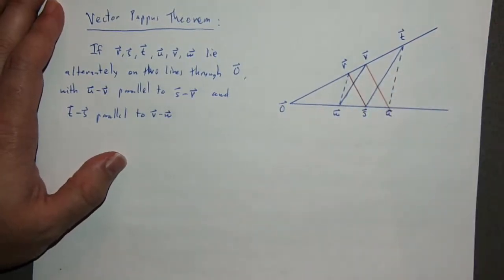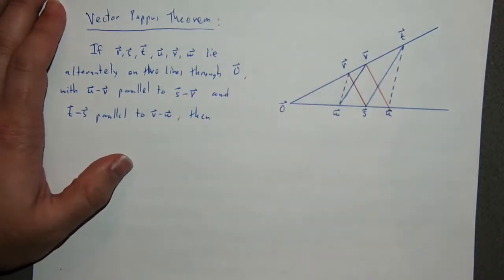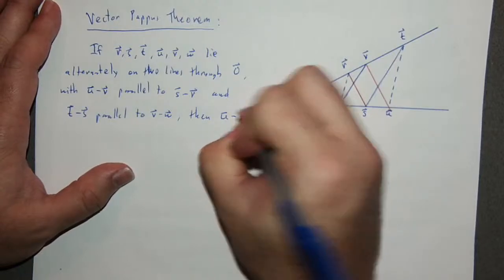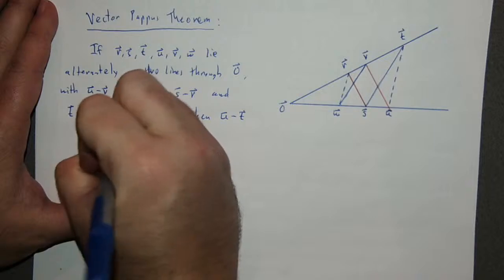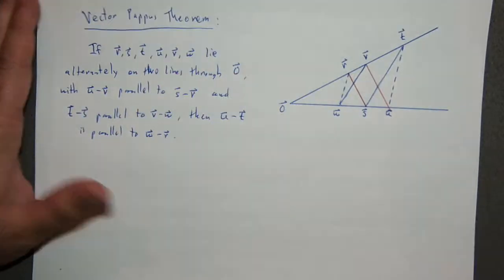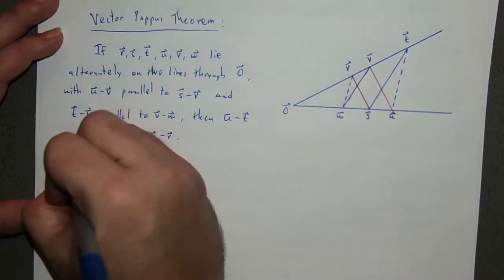Then the two dashed lines are parallel. So then U minus T is parallel to W minus R. Okay. So there's my situation. Okay.